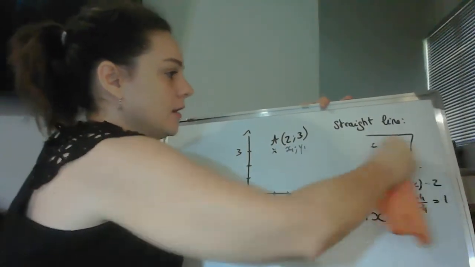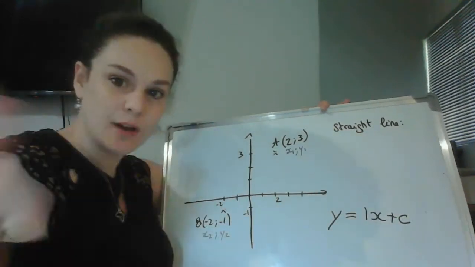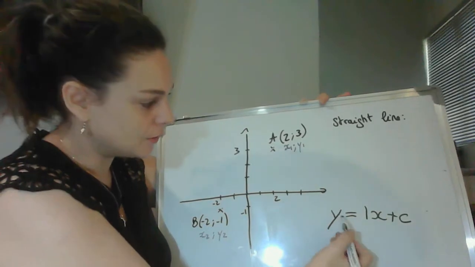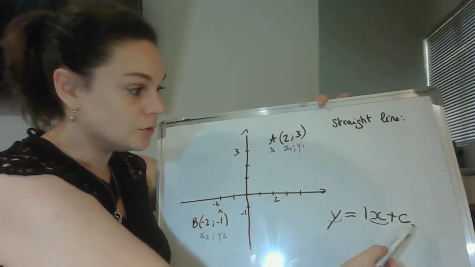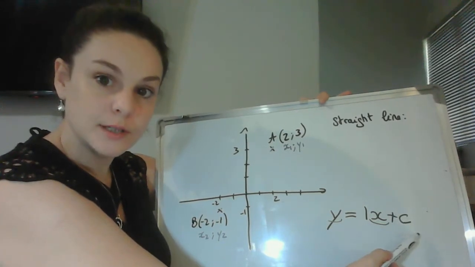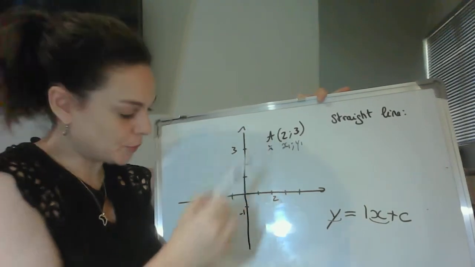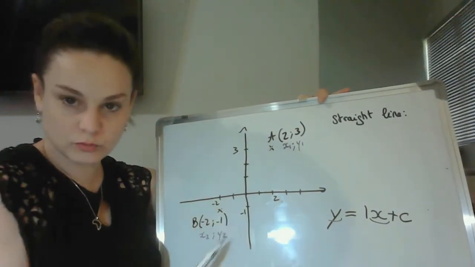And now the only thing I have to do is to find the c value. So to do that, I need a y and an x value to solve my c value here. So I can use one of the 2 points, because I know that the straight line is going through both of those.